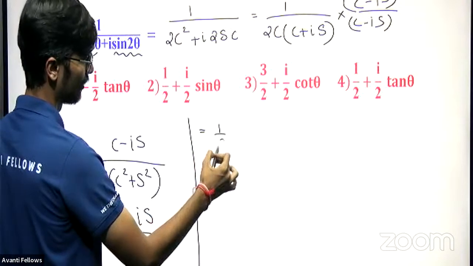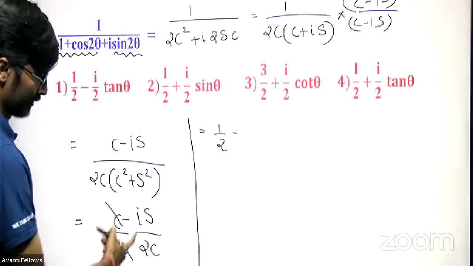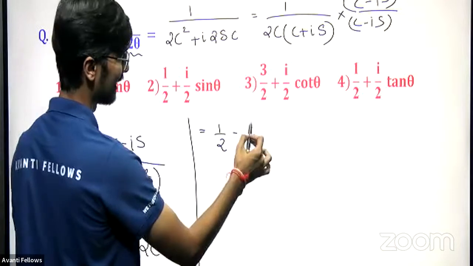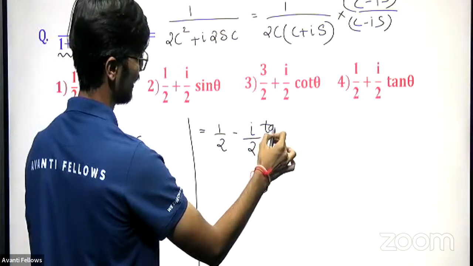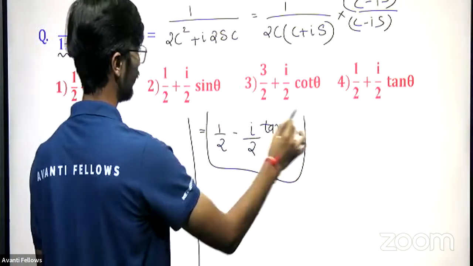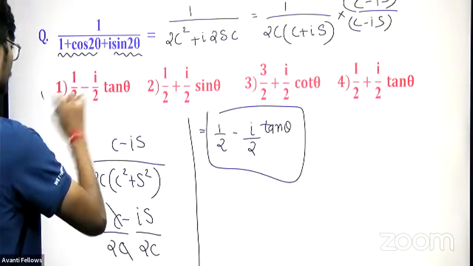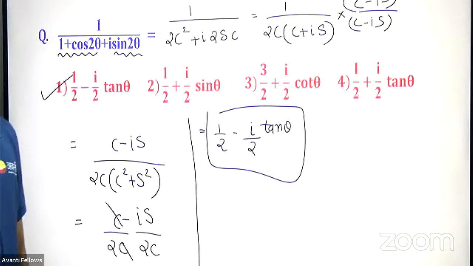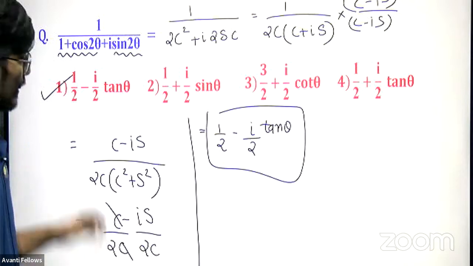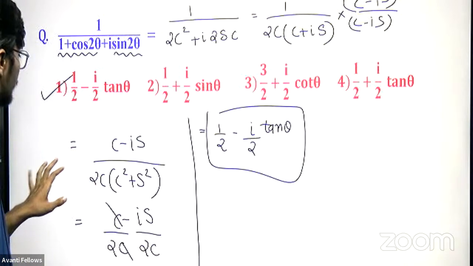I'll get 1 by 2 minus i by 2 times sine upon cos, which is tan theta. Is the option available? Yeah, it is option A. This is the correct answer. I hope you are getting it. Let's move on to the next question.